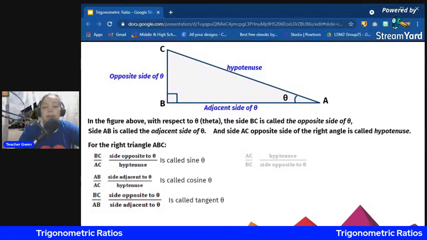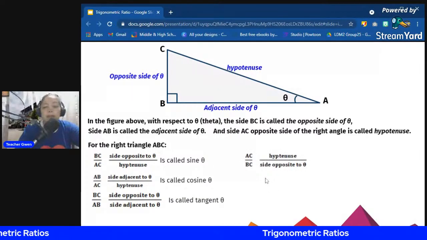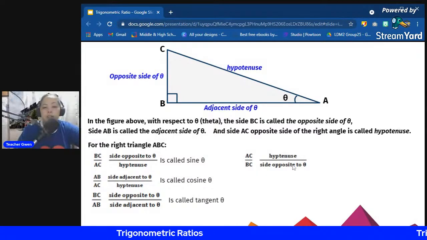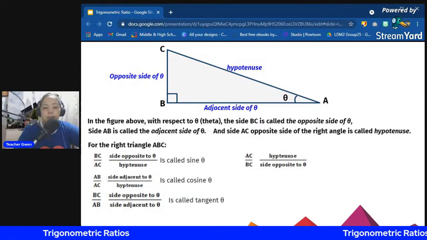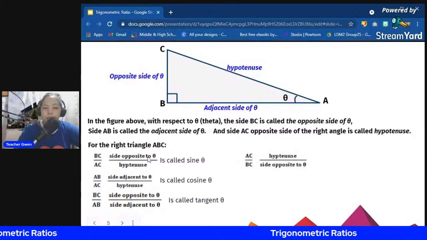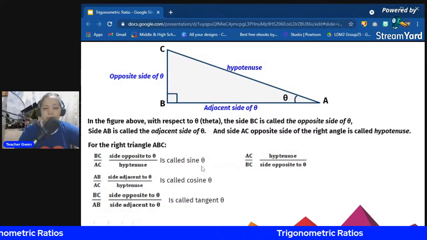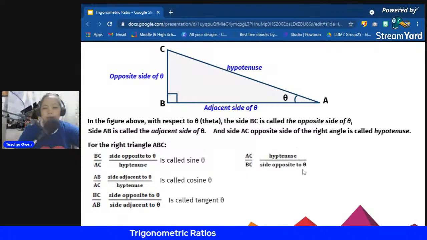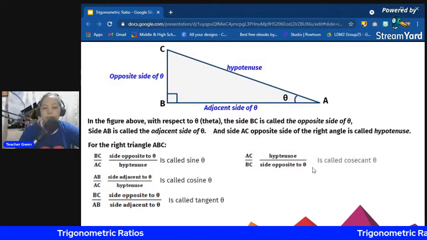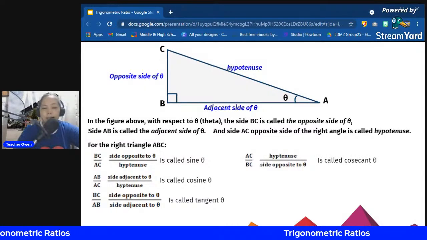Then we have AC over BC, which is hypotenuse over the side opposite, or the inverse of sine. The placement is reversed. Here, BC over AC is sine, and the reverse, AC over BC, hypotenuse over the side opposite, is called the cosecant theta.